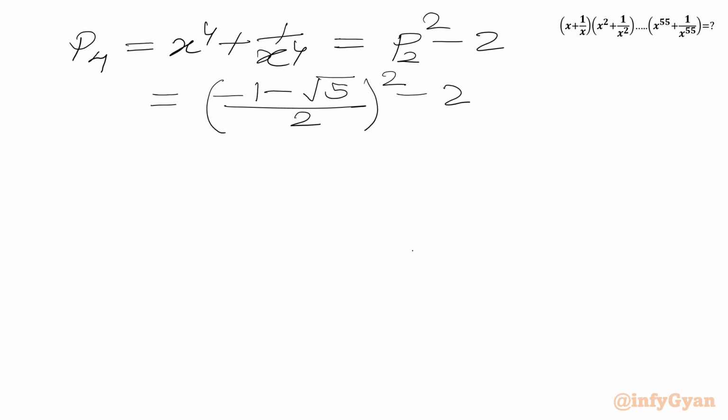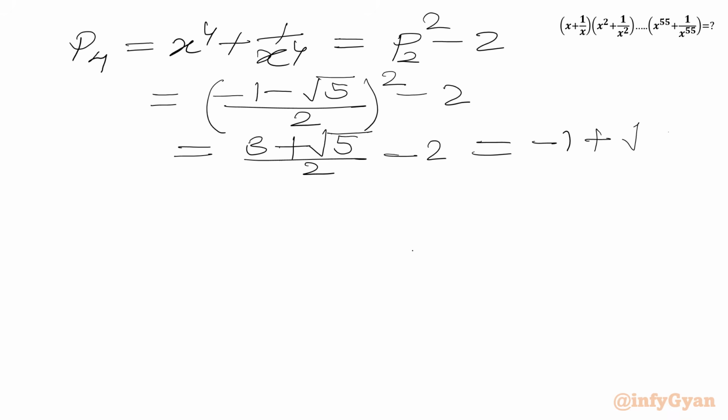Now we'll use the (a plus b) whole square formula. So we will write here (3 plus root 5) over 2 minus 2, which will be equal to (minus 1 plus root 5) over 2. So P4 is (root 5 minus 1) over 2.